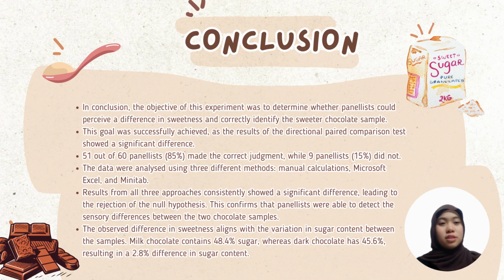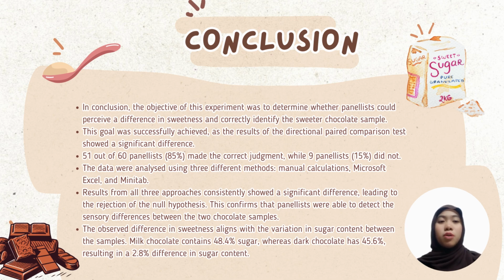So for the conclusion, overall the objective of this test conducted was to determine whether the panelists could perceive a difference in sweetness and correctly identify the sweeter chocolate sample.